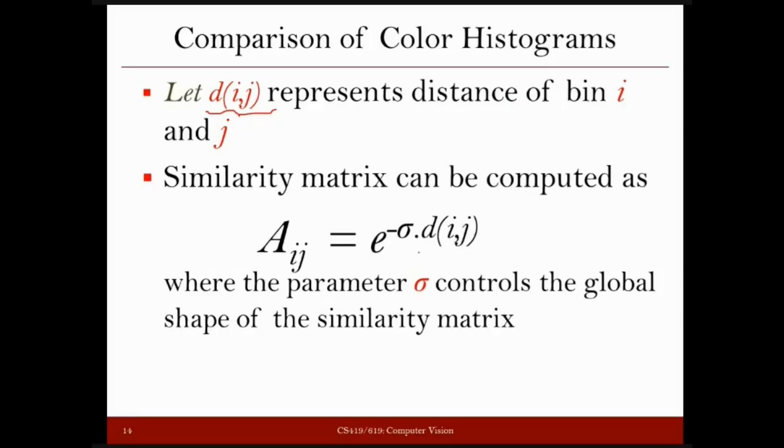Now, in a more sophisticated way, we are defining the weight like this, where we are saying that Aij is e to the power minus sigma Dij, which is nothing but equal to 1 over e to the power sigma Dij. So, when Dij increases, this denominator will increase, so the overall value will decrease.